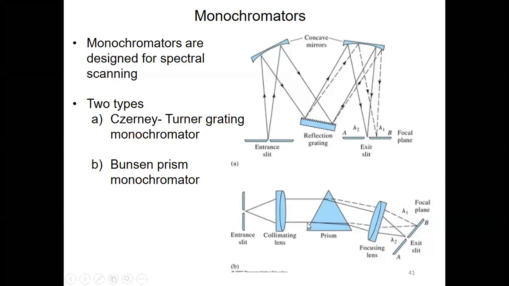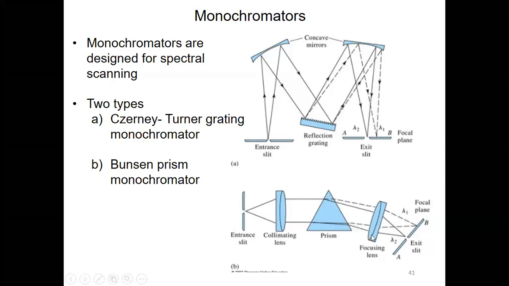Then at the prism, diffraction and refraction happen. After the refraction, the light path changes.